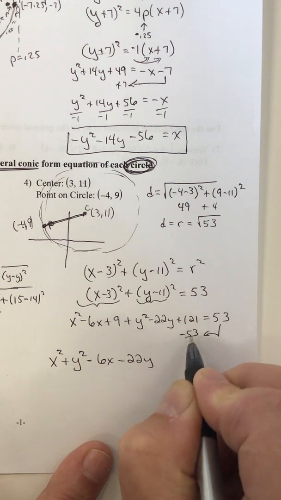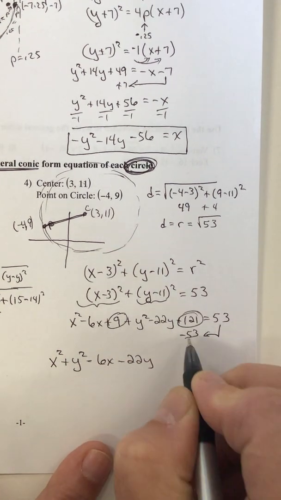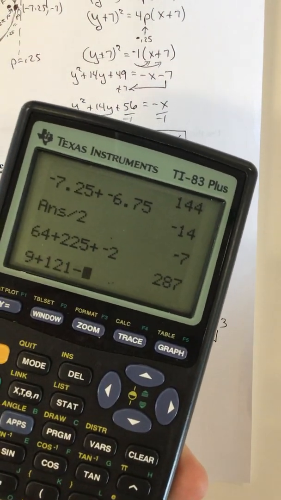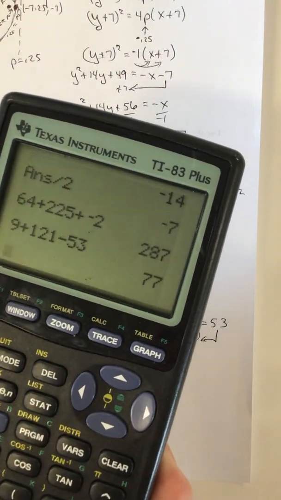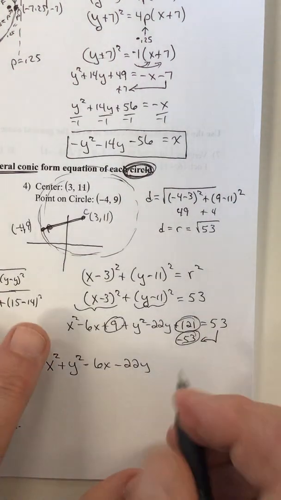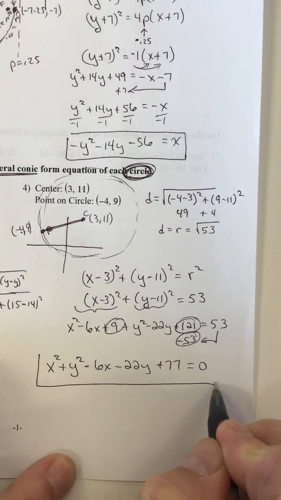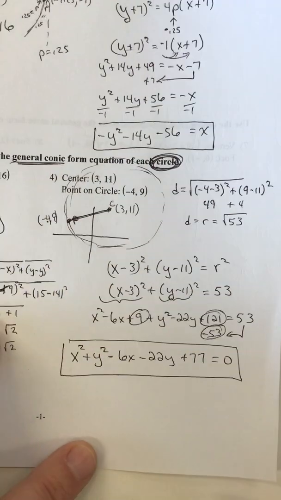Move the 53 over, and I have 9 plus 121 minus 53. That's 77. And there is the equation of that circle.